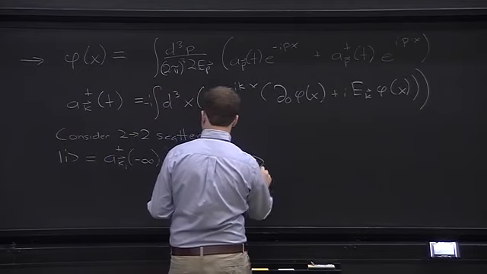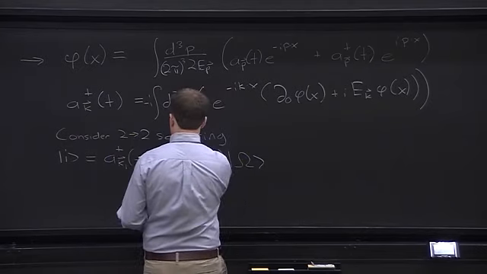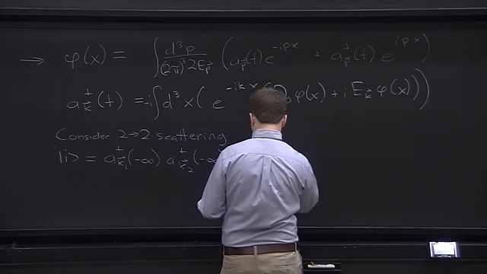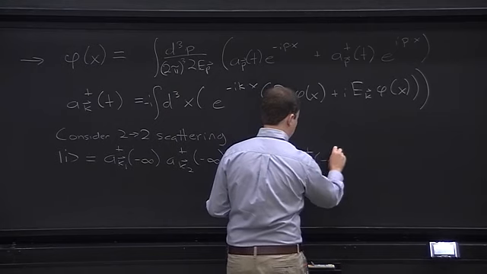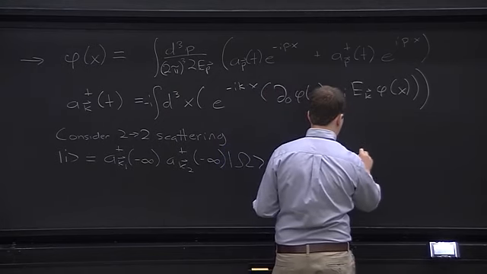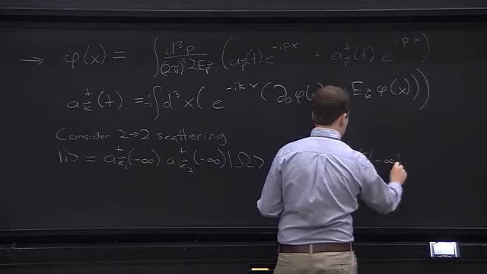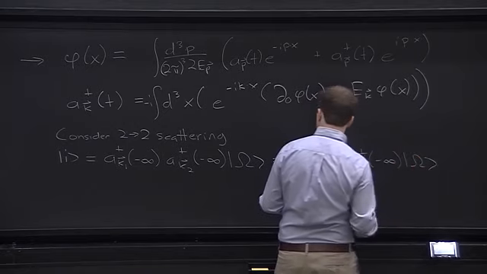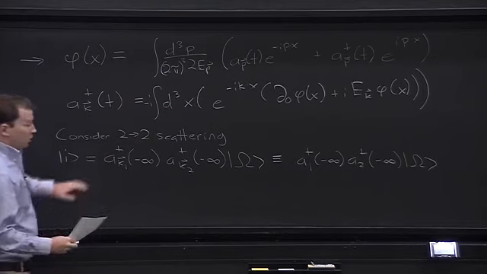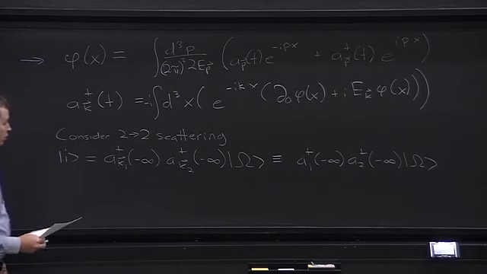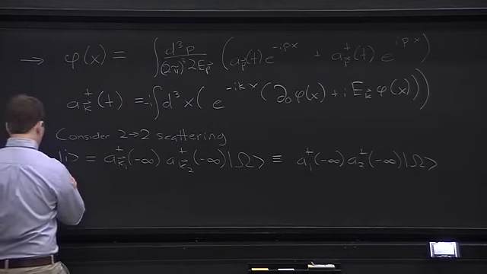Instead of writing a sub k sub 1 every time, I'll just write this as a1 dagger minus infinity, a2 dagger minus infinity. So that's an initial state with two particles in the far past.